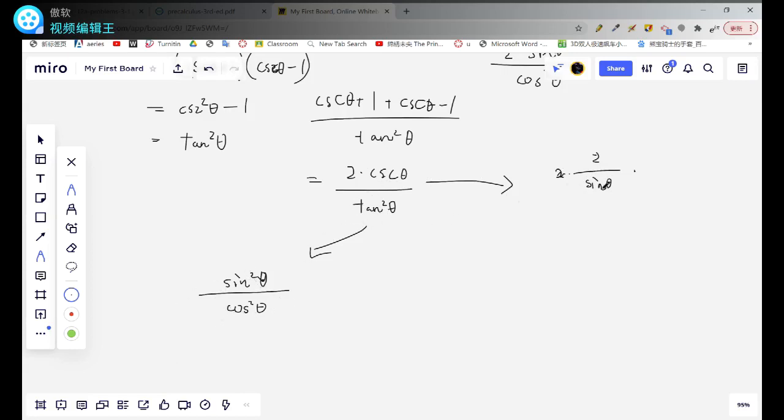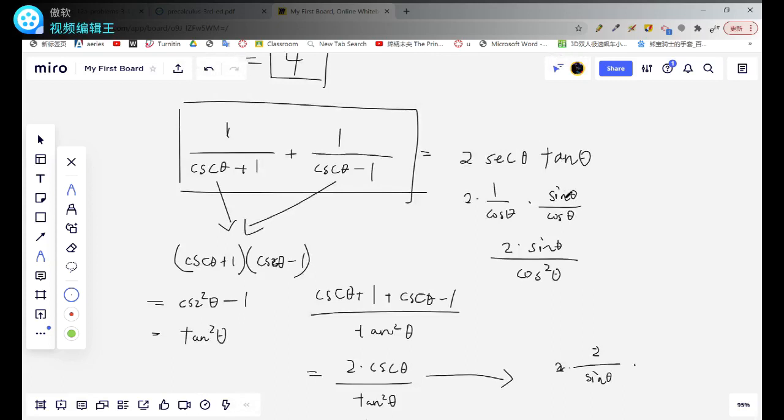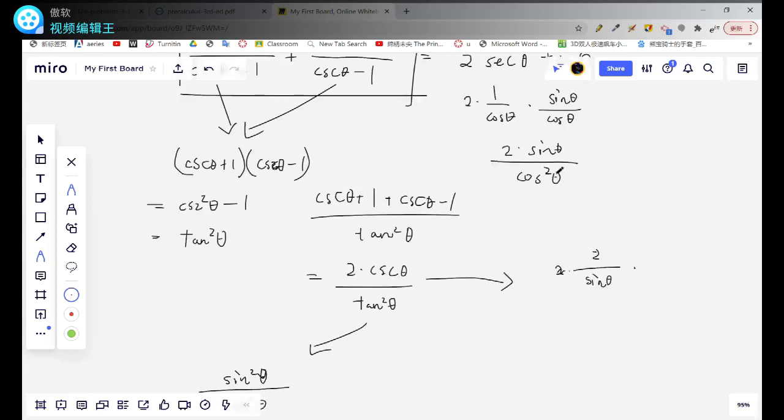You divide by this, which means you multiply, right? I think I didn't make any mistake.